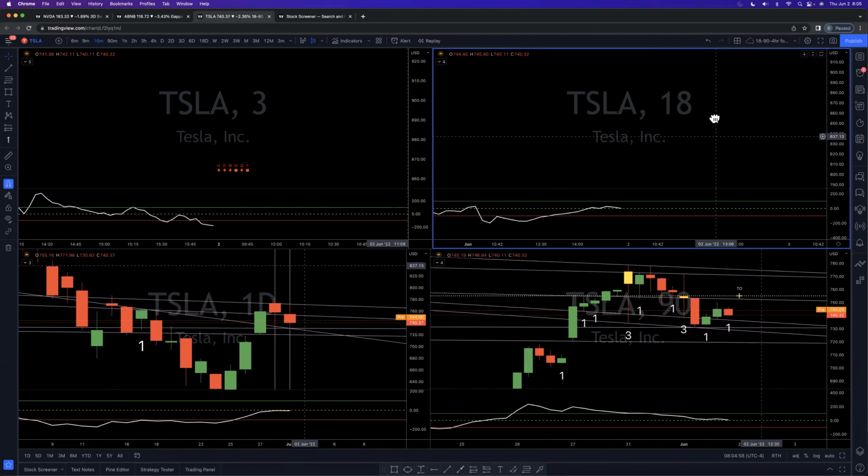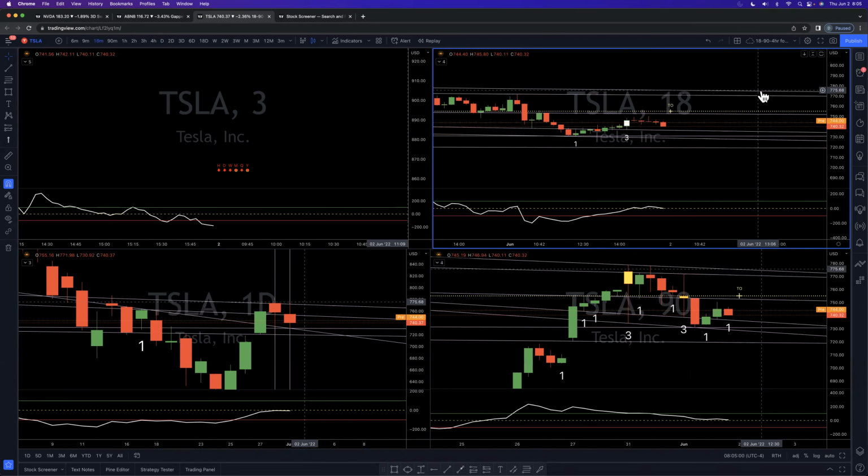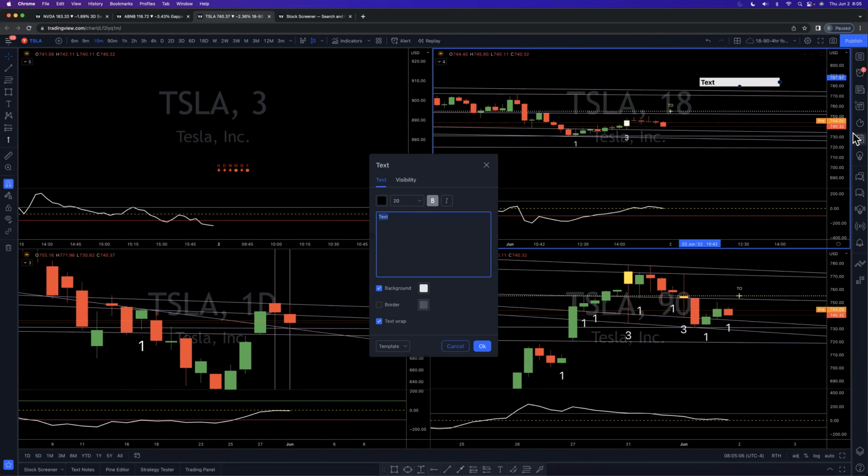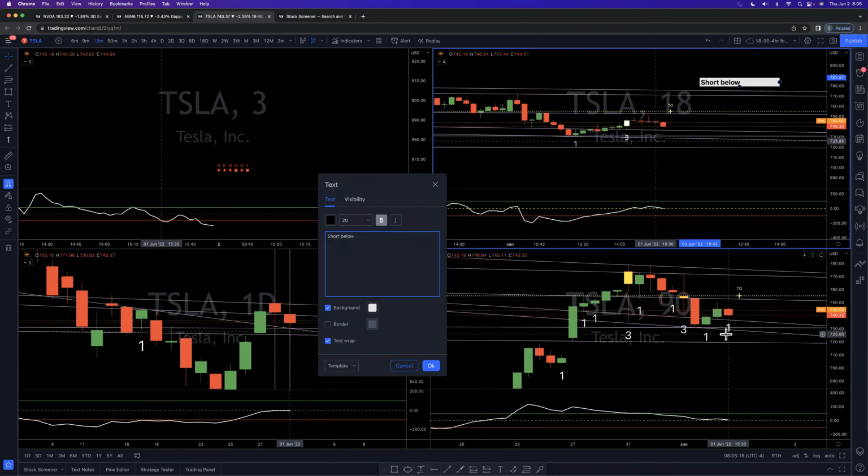So just keep that in mind. You don't have to trade every day, okay? All right, so I'm going to just put some notes on here. This may be an avoid. Short below, what did we say? Below 737.